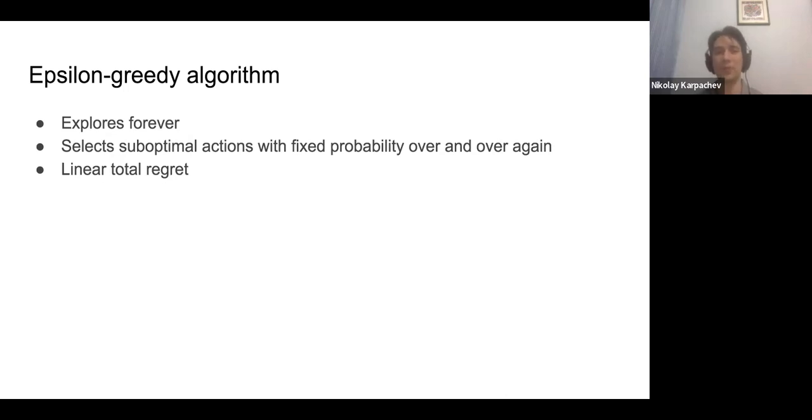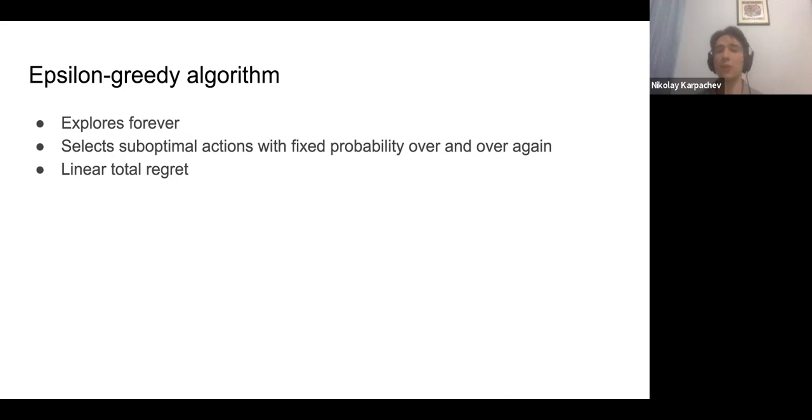So if, for example, our agent has become a perfect chess player, with epsilon greedy exploration, it will do some stupid things with some fixed probability. And this is not what we want to do. So we want to eventually stop exploring, and the task is to find when we should stop.